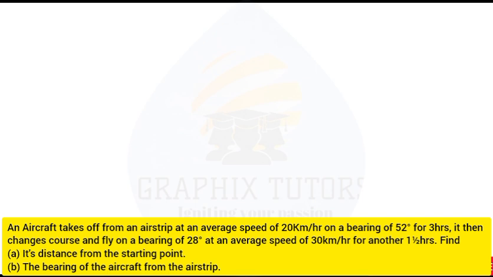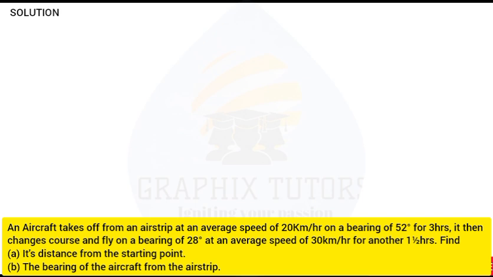It then changes course and flies on a bearing of 28 degrees at an average speed of 30 km per hour for another 1.5 hours. Find A. Its distance from the starting point. B. The bearing of the aircraft from the airstrip.